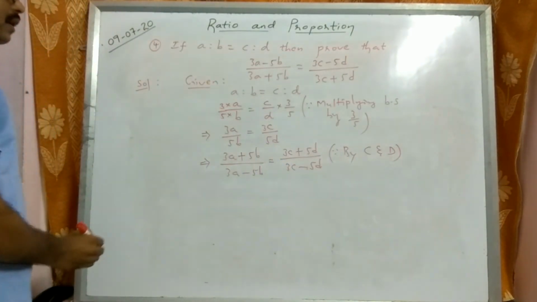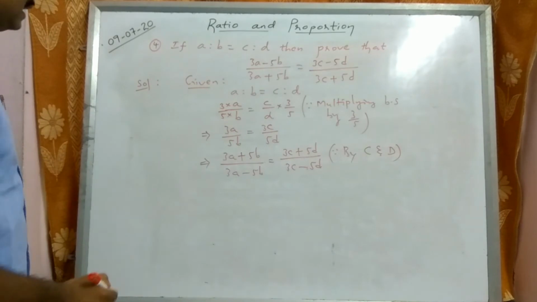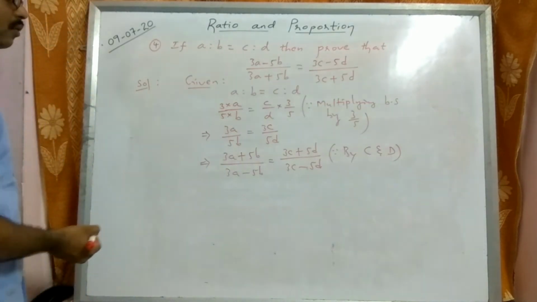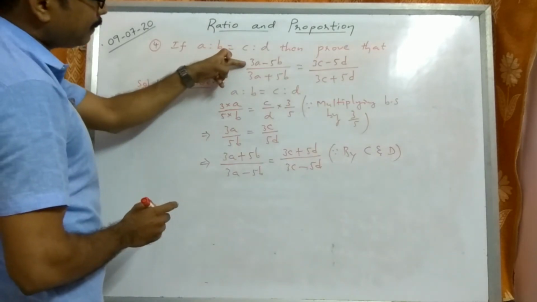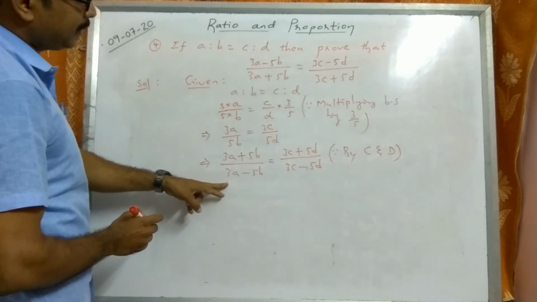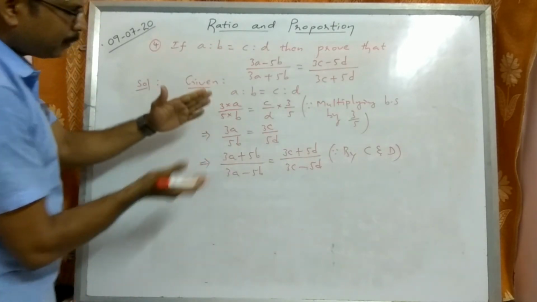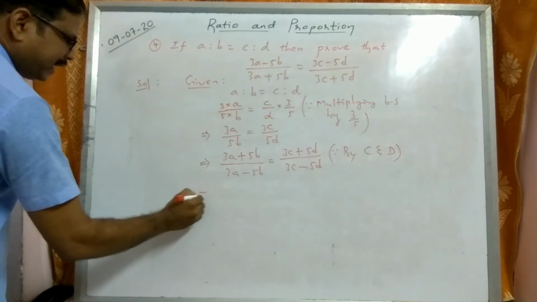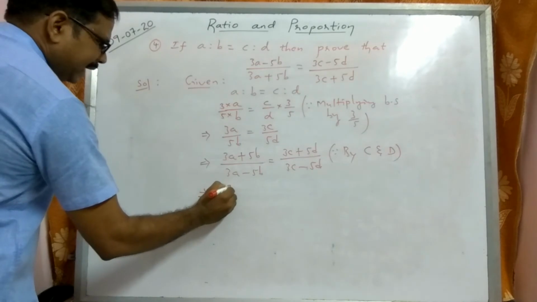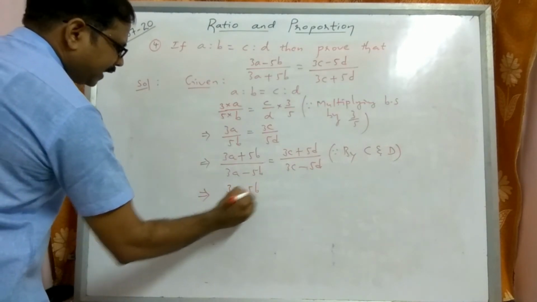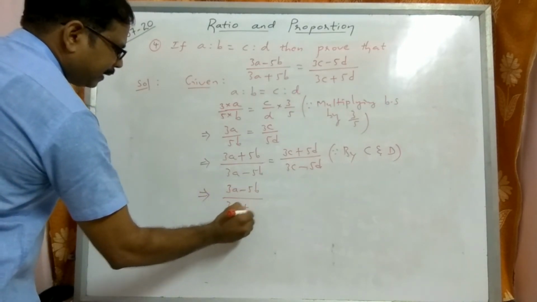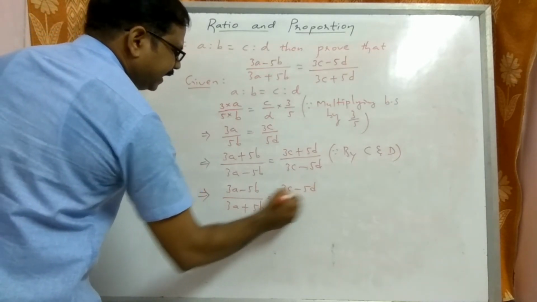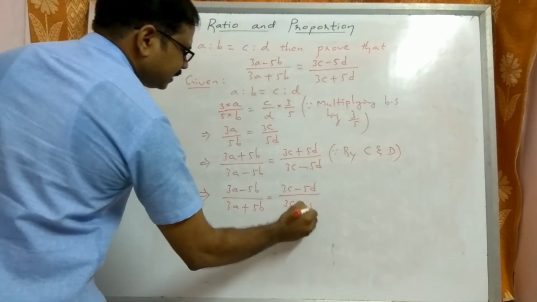Okay. Now, but this is not the term we have to prove. Just you see here, 3a minus 5b is in the denominator. Suppose if I take invertendo, as per invertendo, I can write (3a minus 5b) by (3a plus 5b) equal to (3c minus 5d) by (3c plus 5d).